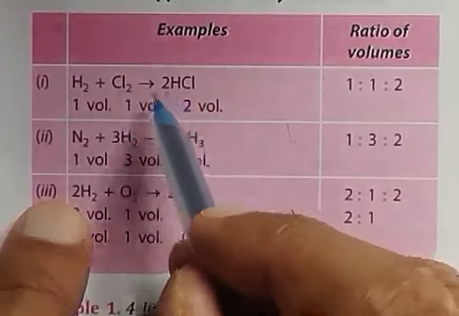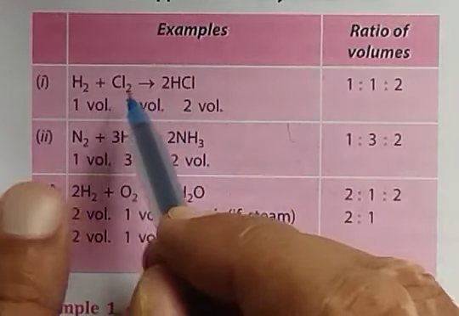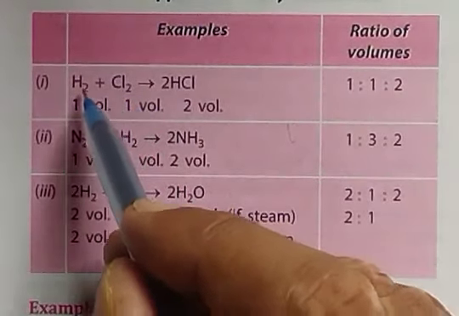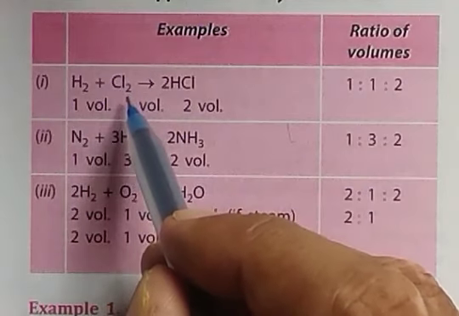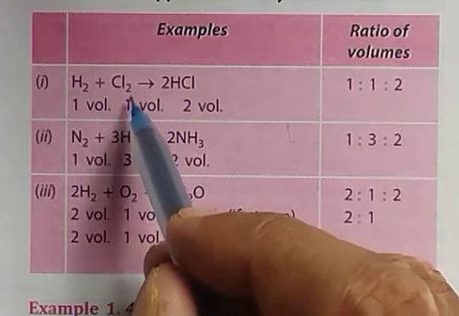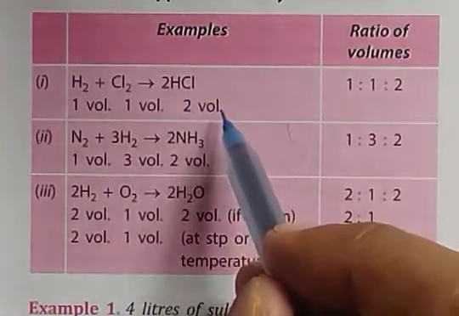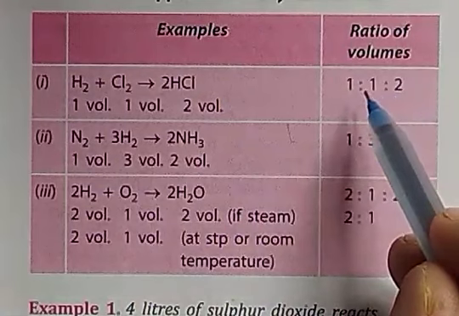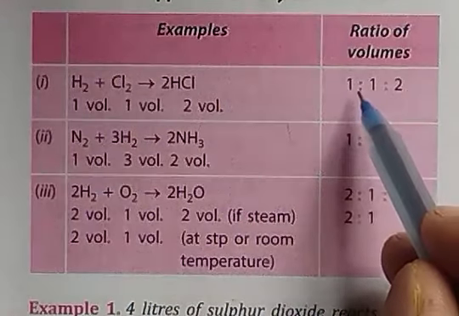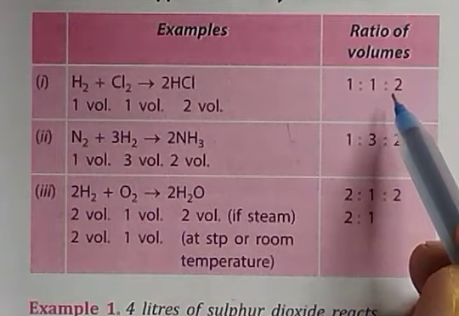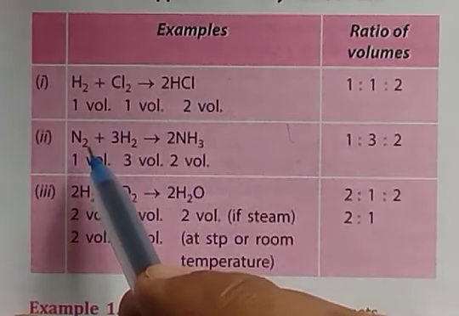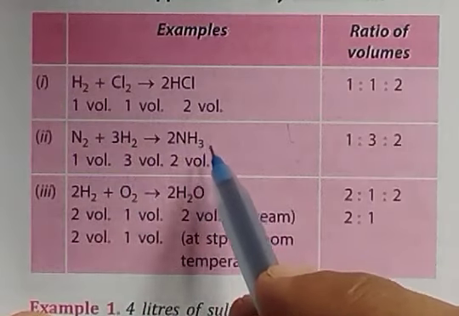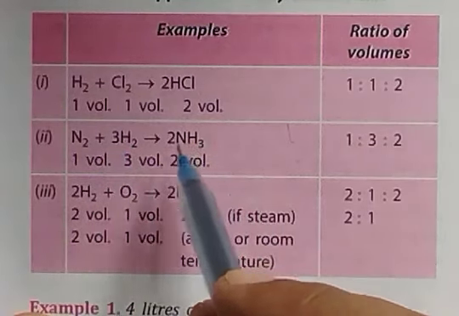Now after balancing this equation, according to the Gay-Lussac law, one volume of hydrogen always combines with one volume of Cl2 and produces two volumes of HCl, and the ratio of H2, Cl2 and HCl respectively is 1:1:2.